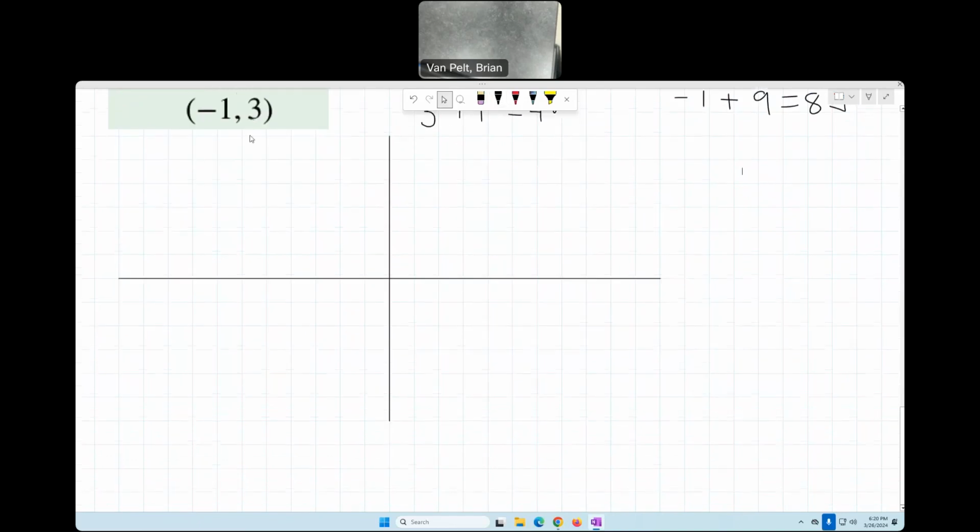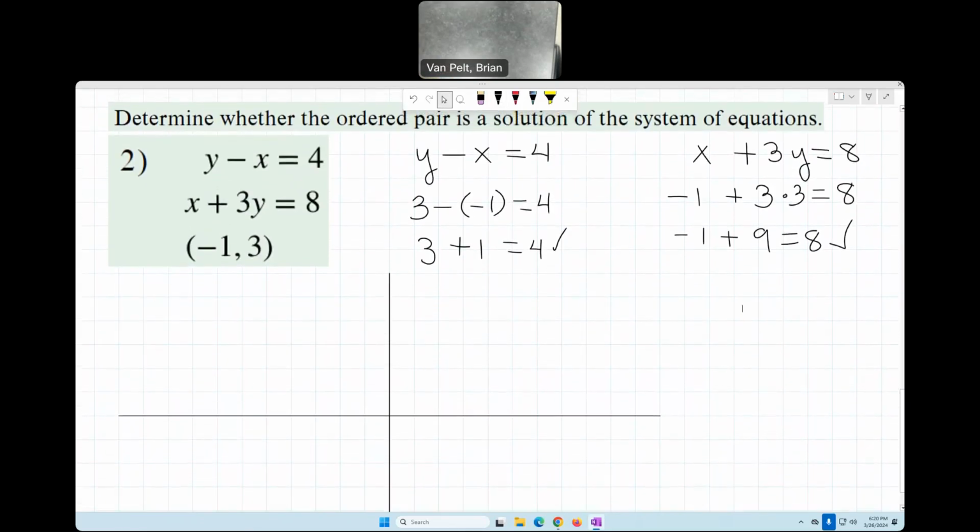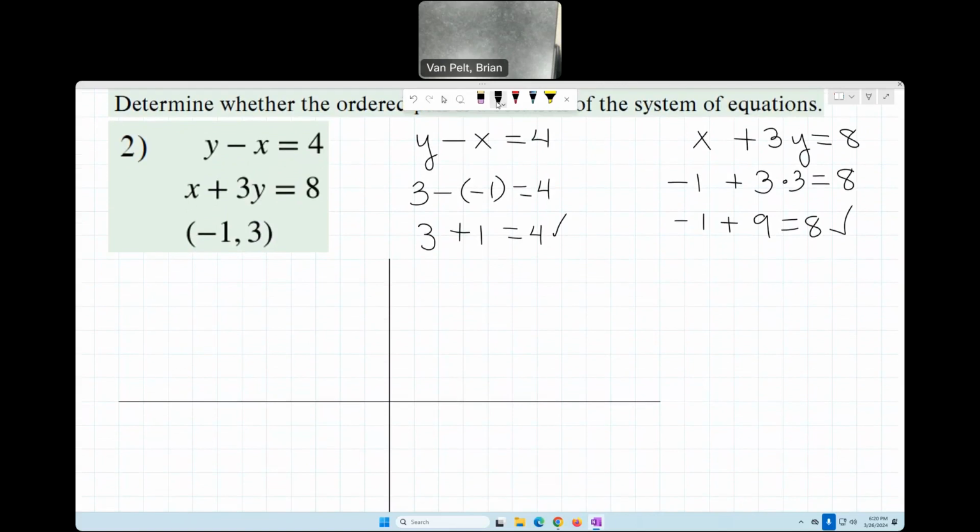All right, let's start here with y minus x equals 4. What would you do in order to make that graphable? Solve for y, right, in both cases. So with y minus x equals 4, if I add x to both sides, I get y equals x plus 4. Do you agree with that?